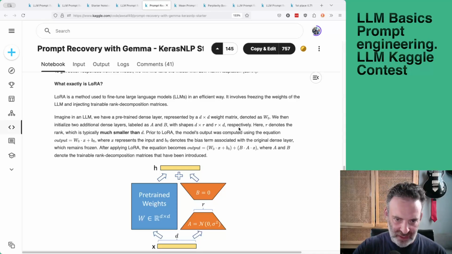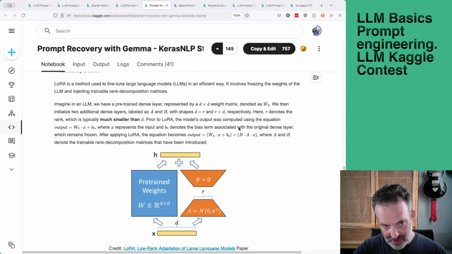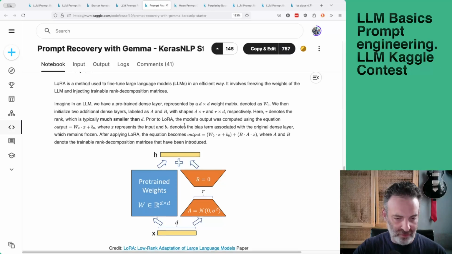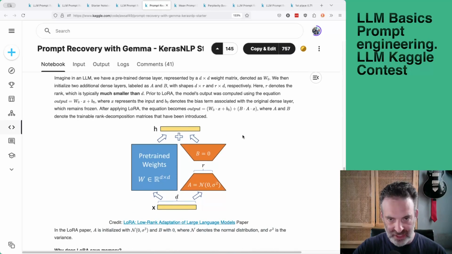Don't worry too much about the math. The main takeaway here is that you can tune your models much better with much less compute, and with much smaller file sizes than you could previously.